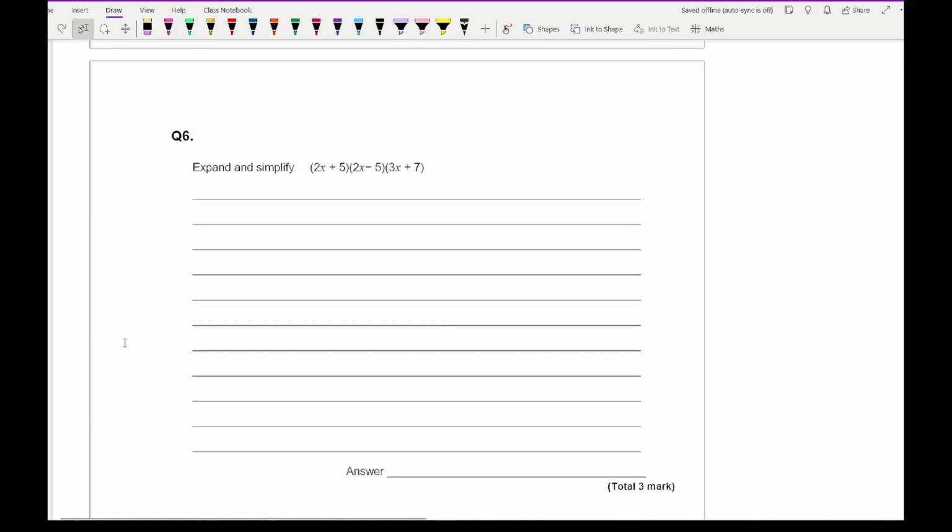Then moving on to question 6, it says expand and simplify. So all we need to do here is expand the brackets. Now, which two brackets you expand first is entirely up to you. But one thing I do notice is that these first two brackets is a difference of two squares. So here what we've got is, that's going to be 4x squared minus 25. Then I've still got to expand that with 3x plus 7.